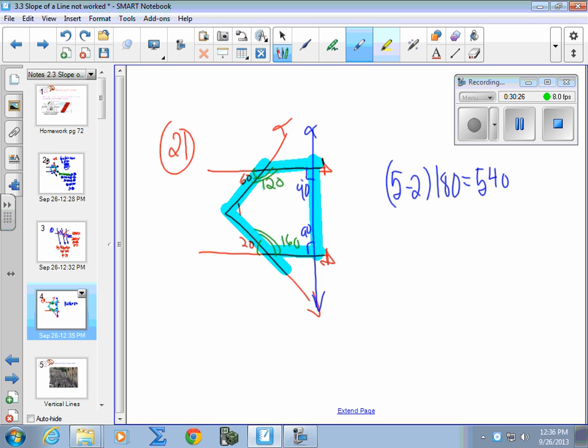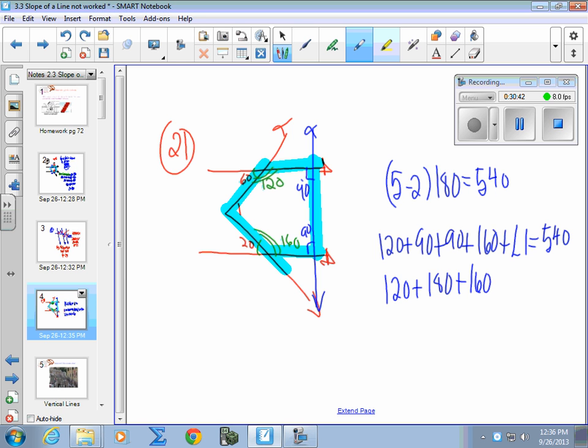So we have 120 plus 90 plus 90 plus 160 plus angle 1 is equal to 540. So I have 120 plus 180 plus 160. Yes, Abby? You add up all the ones on the inside of the pentagon. Only the ones on the inside of the pentagon.